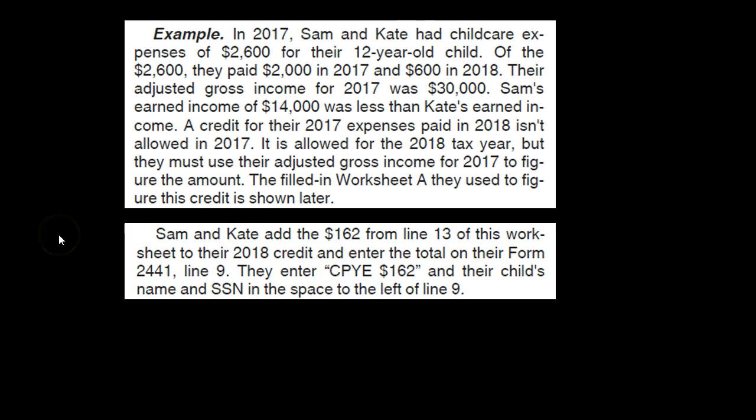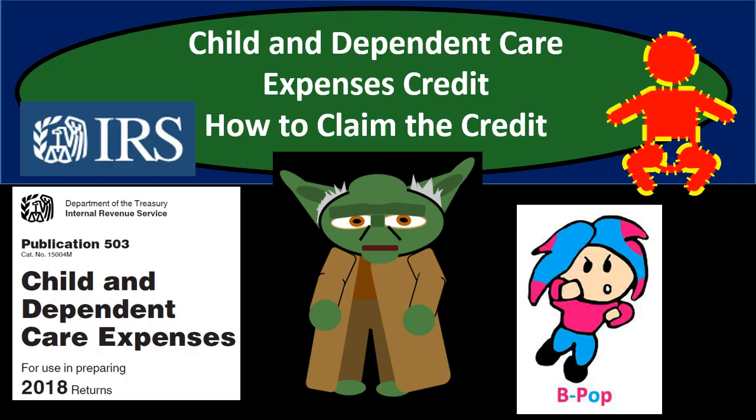So Sam and Kate add the $162 from line 13 of this worksheet to their 2018 credit and enter the total on Form 2441, line 9. They enter the CPYE of $162 and their child's name and social security number in the space to the left of line 9. In this presentation, we will discuss how to claim the Child and Dependent Care Expenses credit.